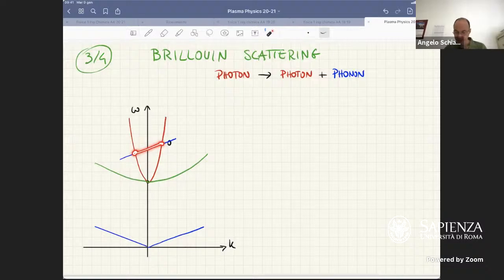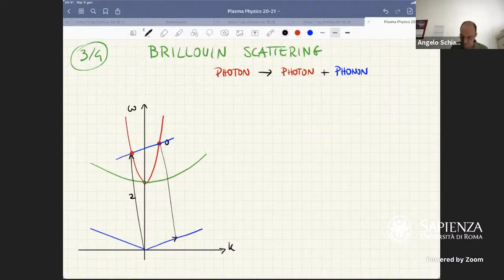And then using the vectors, I know that this is the reflected photon, and this is going to be the transmitted phonon 1.